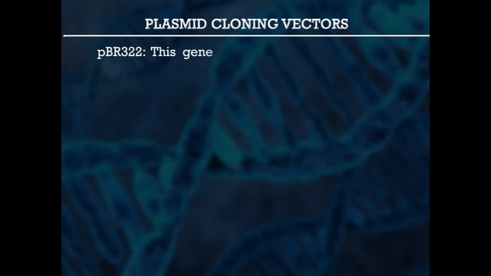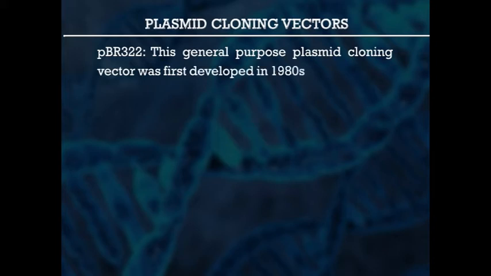Some of the important plasmid vectors are plasmid pBR322. This general-purpose plasmid cloning vector was first developed in the 1980s by Bolivar and Rodriguez.